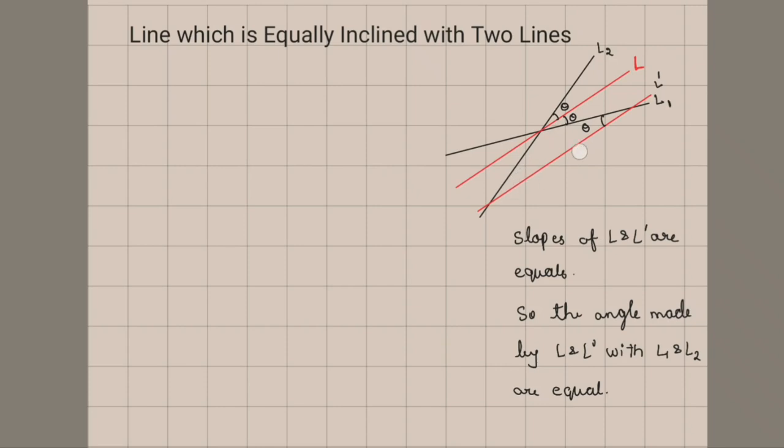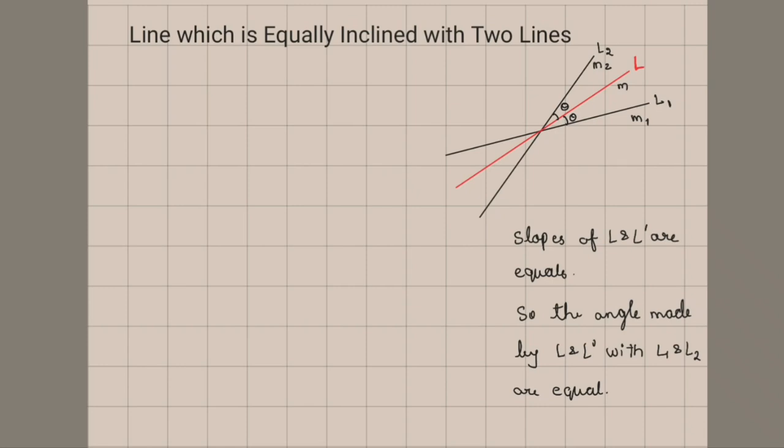Okay, now we need to find the slope of line L. Let's say slope of L1 is M1, slope of L2 is M2, and slope of L is M. Now the angle between L and L1 and the angle between L2 and L are equal, so the tan theta are also equal.